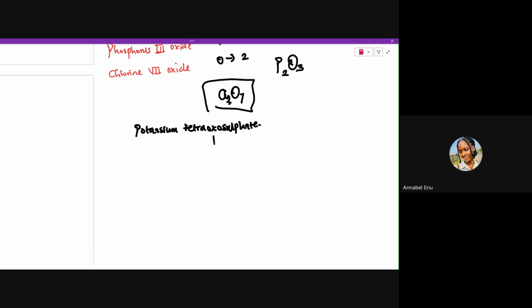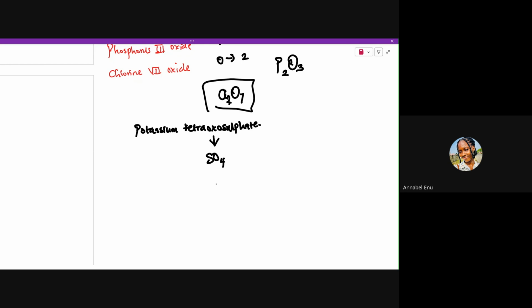These are things you just have to memorize. These are some formulas you just get used to. So SO4 is tetraoxosulfate.